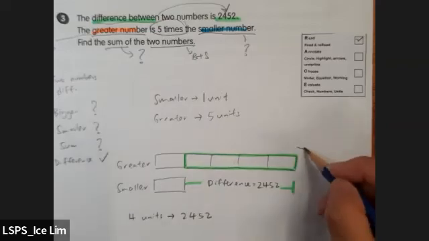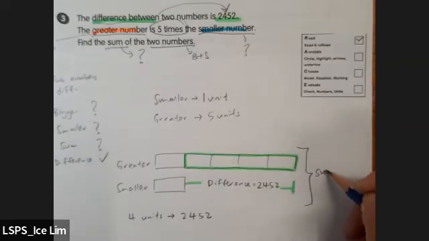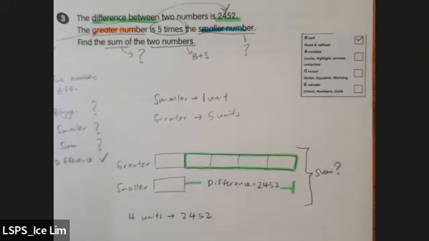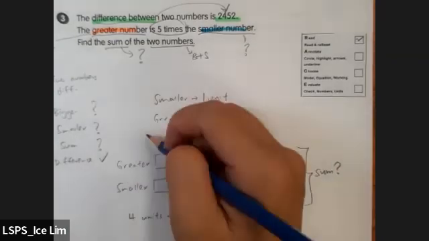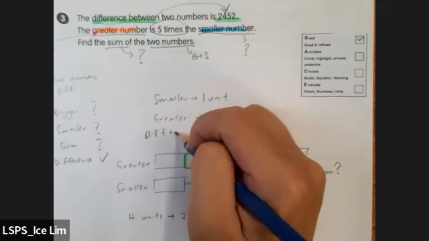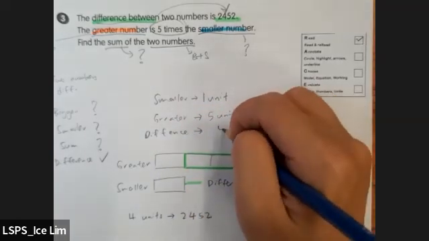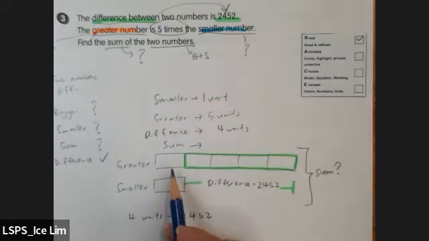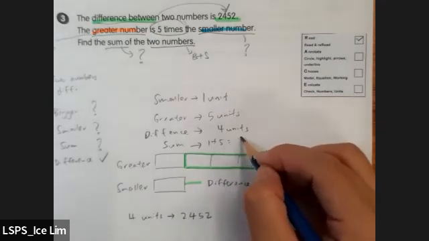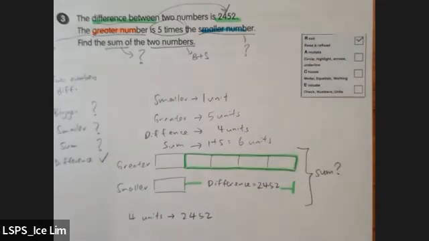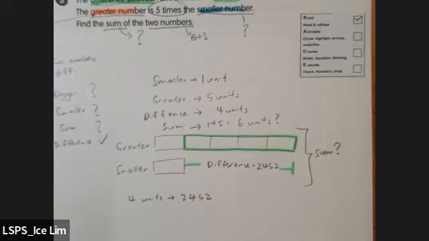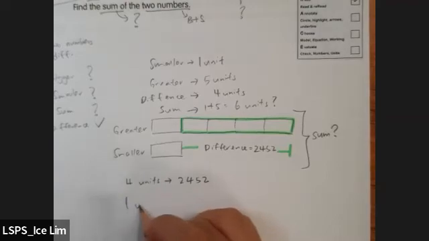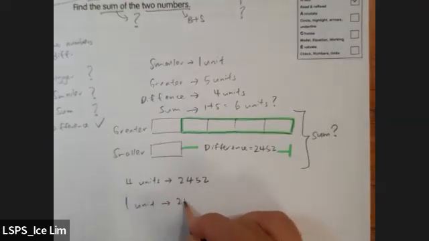The question is asking for the sum of the two numbers. And how many units is that? That's a total of 1 plus 5, 6 units. So I need to find what 6 units is. Okay, so let me find 1 unit first. 1 unit will be 2,452 divided by 4.